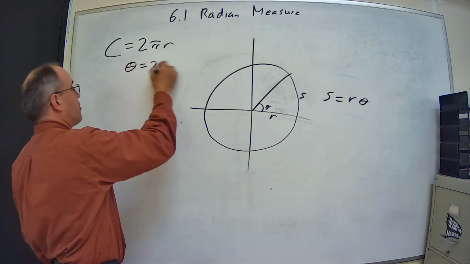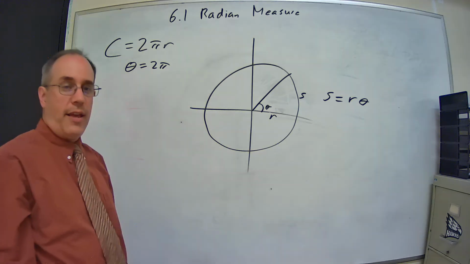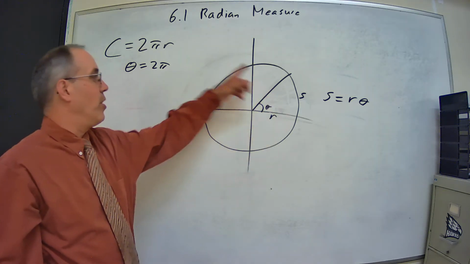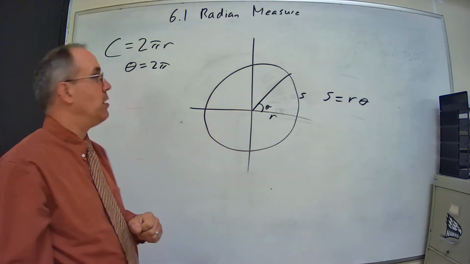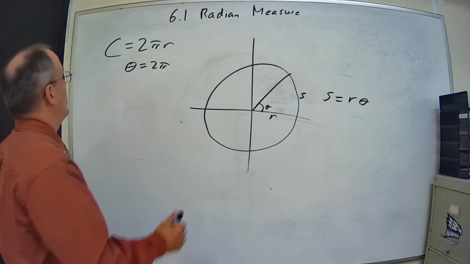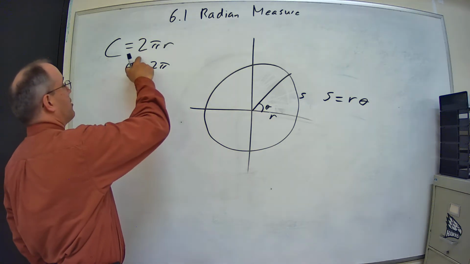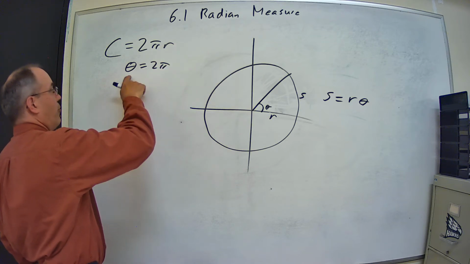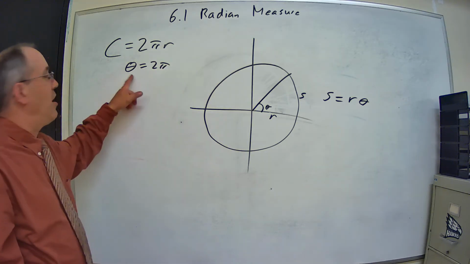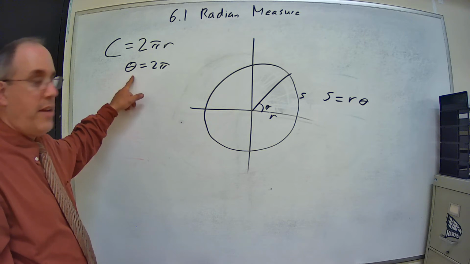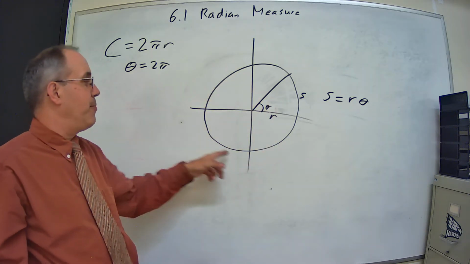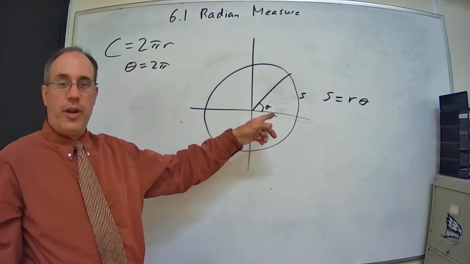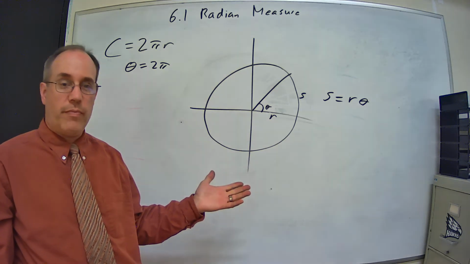Theta is equal to 2 pi in this case, right? We went all the way around the circle. So C is equal to 2 pi r, where 2 pi is the theta, the angle of measure that we went around. We went around the full circle.